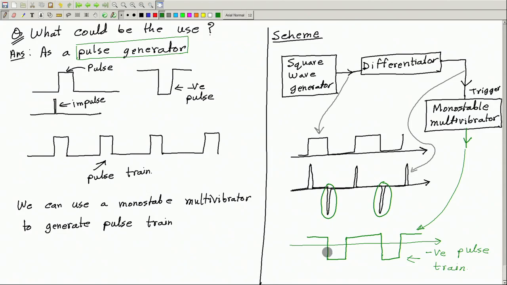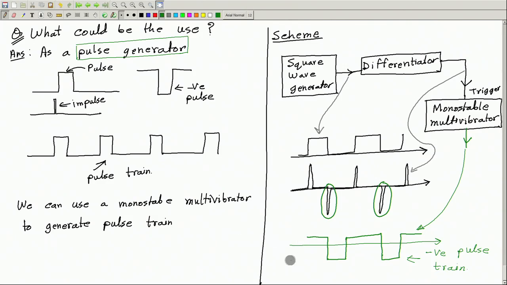Great. Now what if you want a positive pulse train instead of a negative pulse train? What can you do? The simplest answer is just feed it to an inverting amplifier. An inverting amplifier will change the sign of the voltage, right? That's simple.